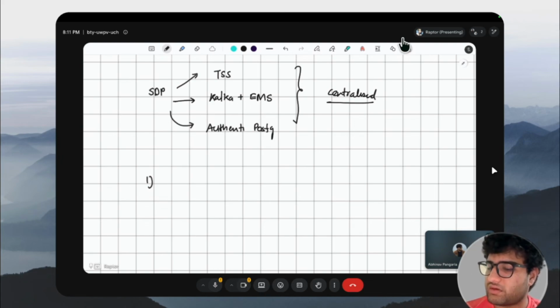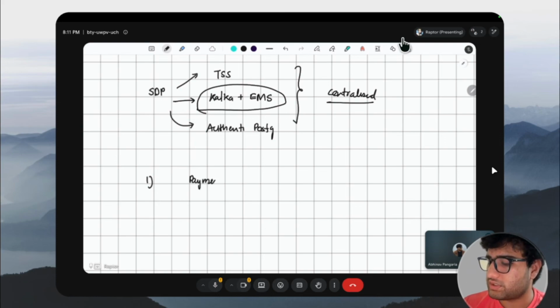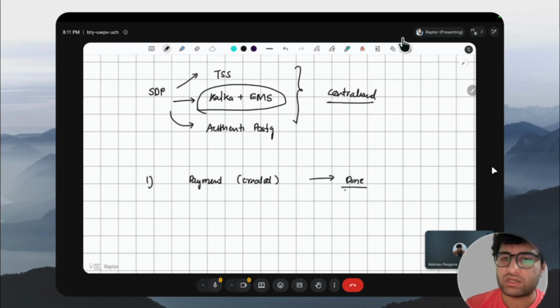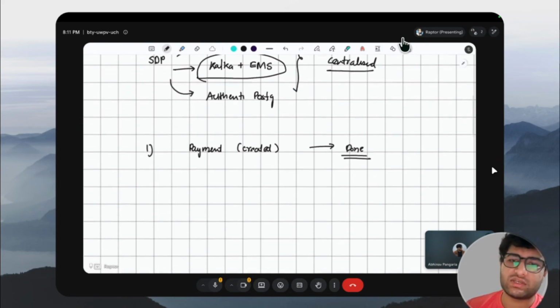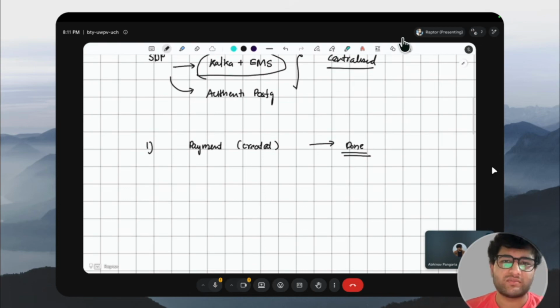I rewrote the entire Kafka queue because the major problem in SDP was that it took the payment lifecycle from payment created to done as one step. So if someone clicked the pay button, the transaction would automatically show green and say done, whether it was actually confirmed or not.